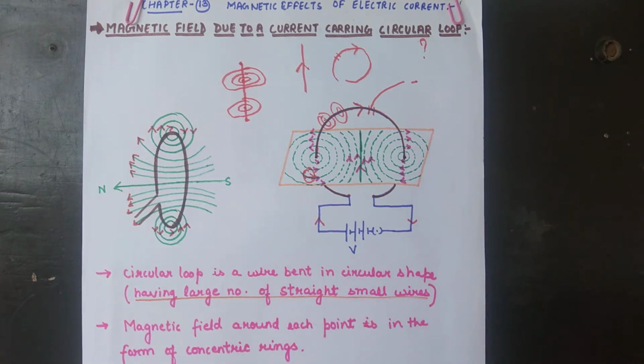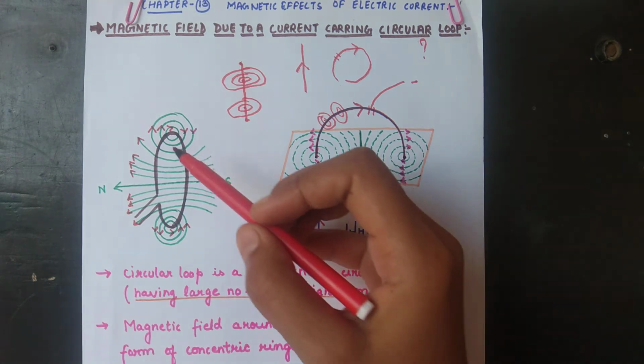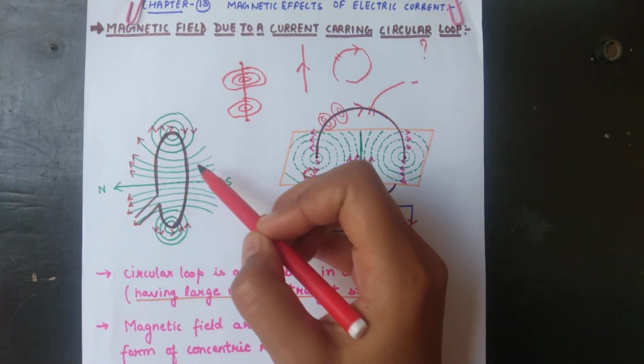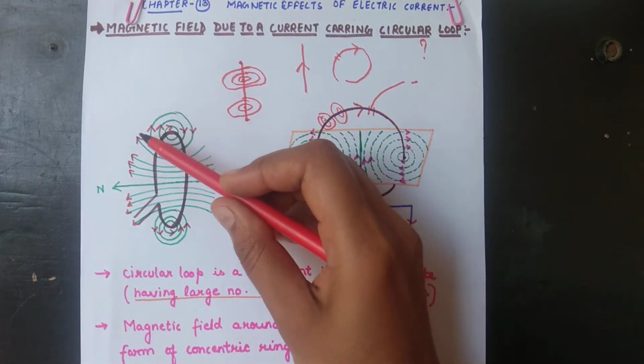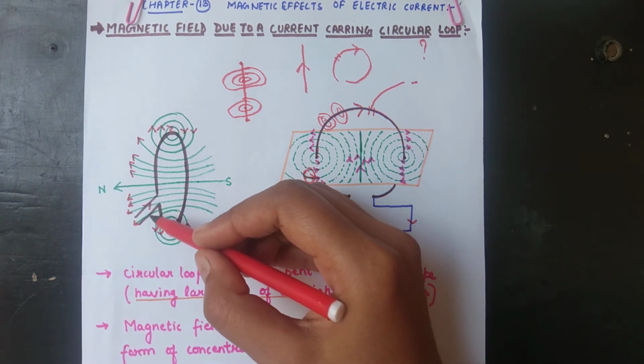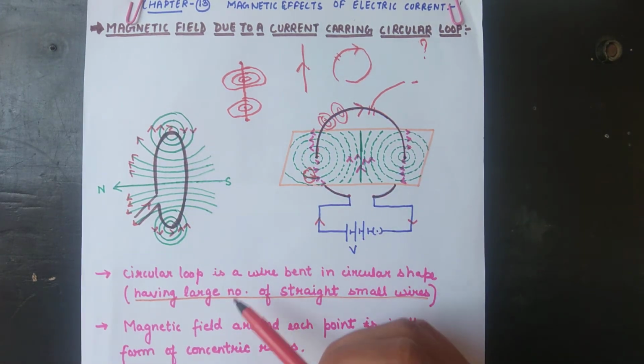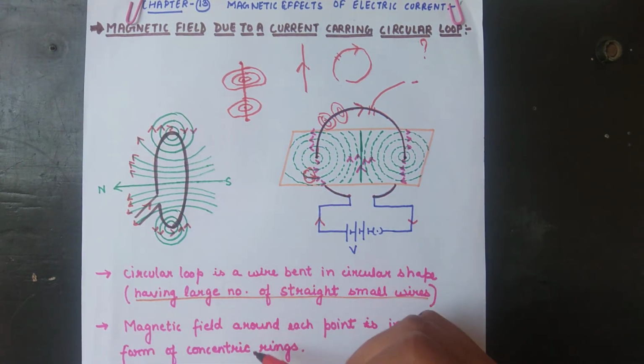This diagram is also given: if current is passing through the coil, we get the pattern of magnetic field lines in this way. Now, what is a circular loop? I have mentioned some points.